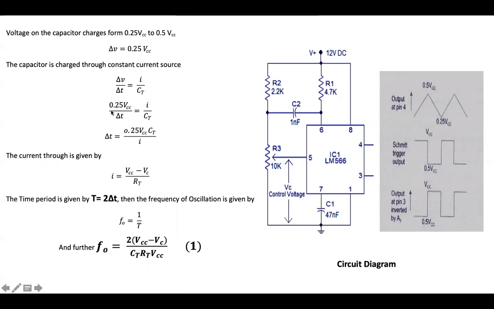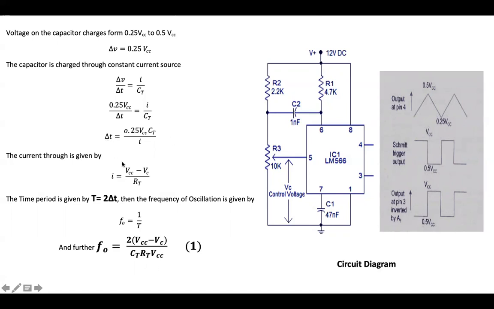So this delta V is 0.25 times VCC, and delta T is equal to I by CT. I will just cross multiply them and keep delta T on one side. So this is a conversion of the time, the voltage levels, to frequencies, right?